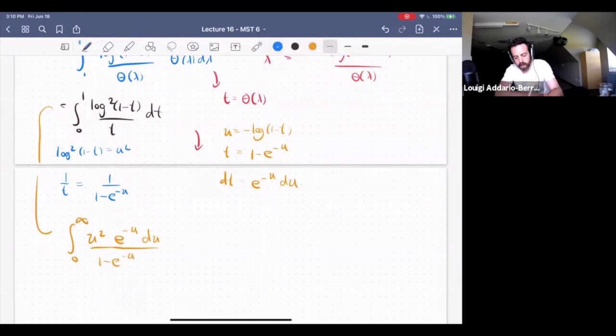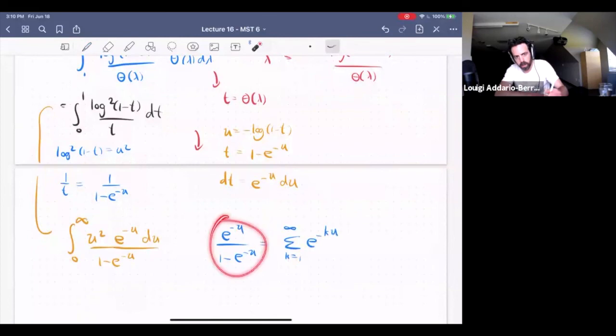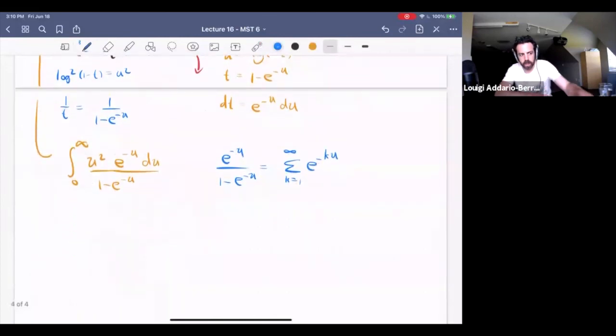Right? But now let's just note that e to the minus u on 1 minus e to the minus u is the sum from 1 to infinity of e to the minus ku, right? That's just a geometric sum started at 1. And so this whole integral is the same as the sum for k from 1 to infinity of the integral of u squared e to the minus ku du.